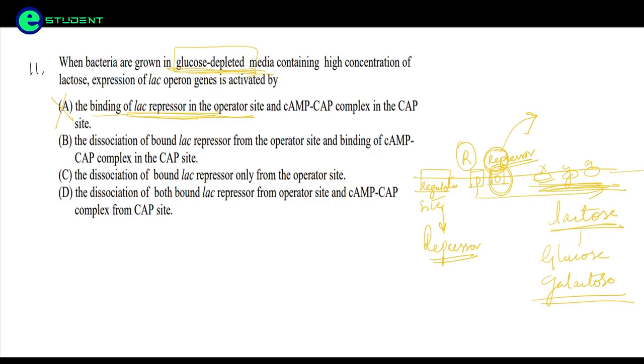Okay, the dissociation of bound lac repressor from the operator site, yes, this is correct, and binding of cAMP-CAP complex in the CAP site. So, okay, I haven't explained this CAP and cAMP. Whenever glucose is present, just beside this operator and promoter, we have a CAP site, and to this CAP, cAMP will come and bind.